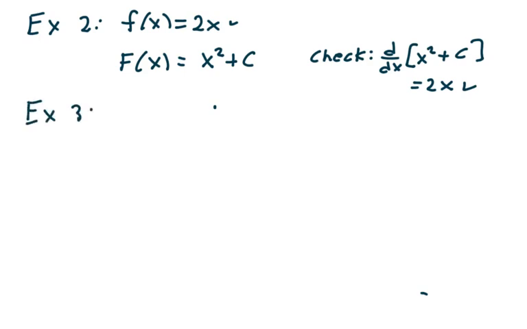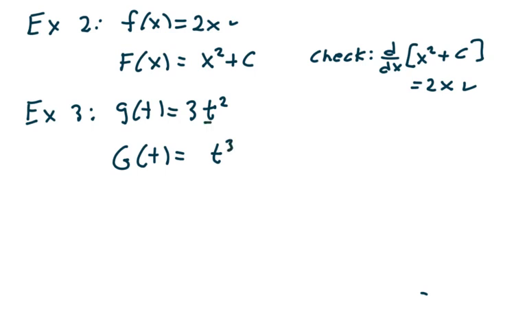Example 3. Suppose I had g of t is 3t squared. So if I want capital G of t, think of a function whose derivative is 3t squared. And you're going to find that that's t to the third, because I have to add 1 to that exponent.